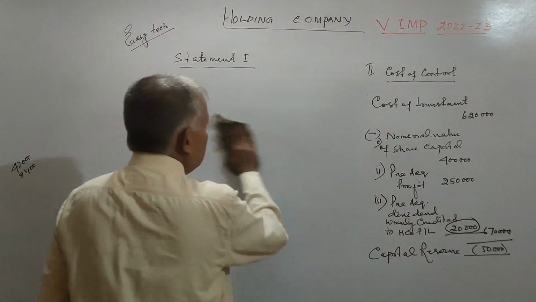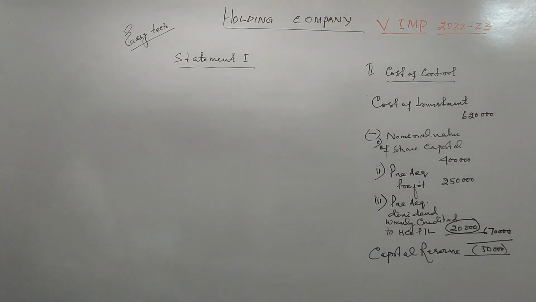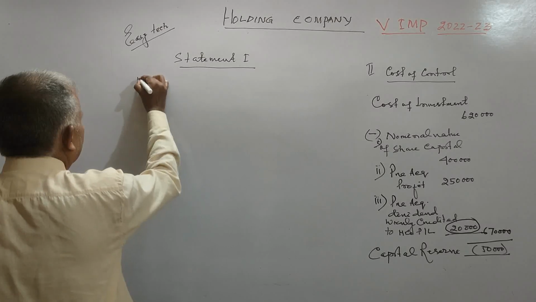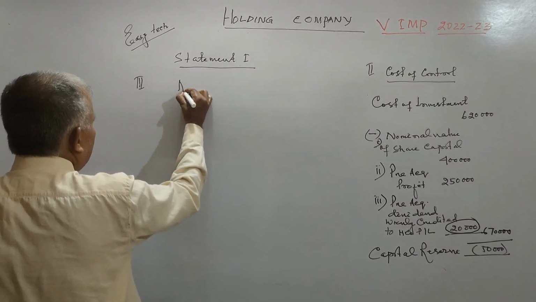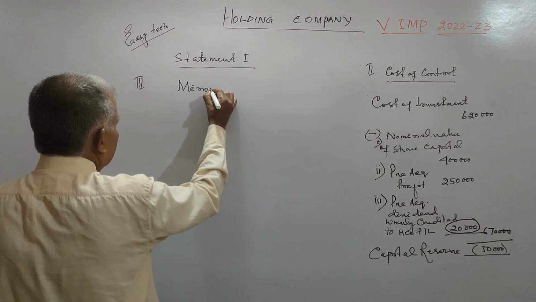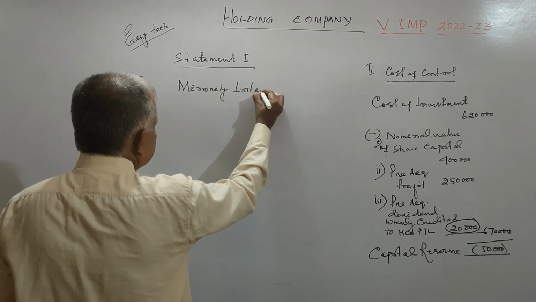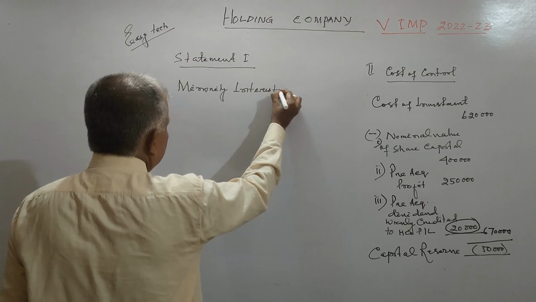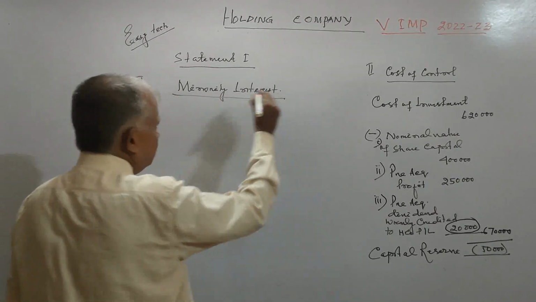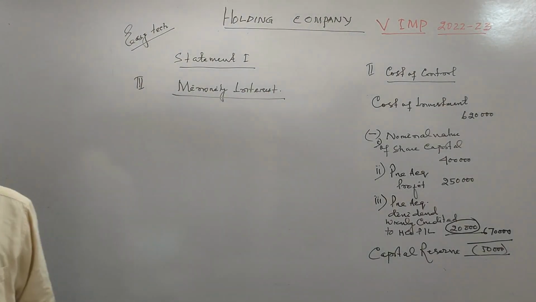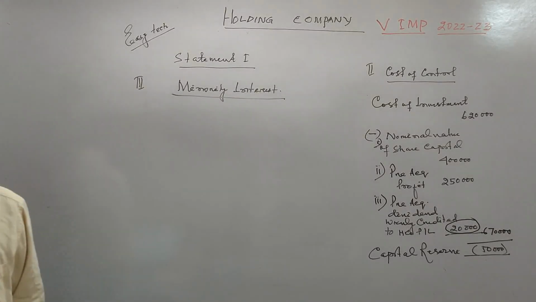Now we will come to the third statement, that is your minority interest. This minority interest will go to the liability side of the balance sheet. At the end it will be written.